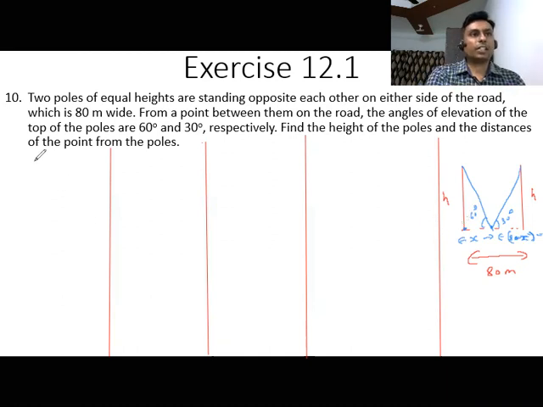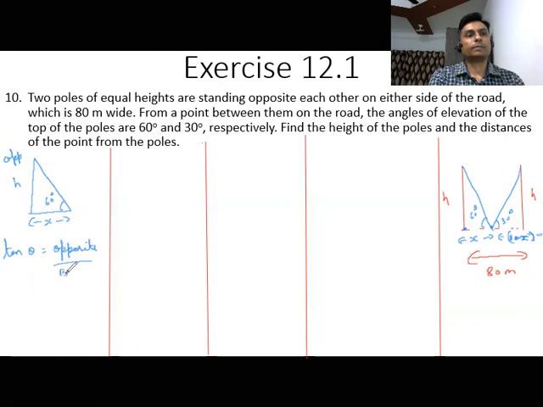So I will take the first triangle. Pole is there, angle is 60 degrees. This is h, this is 60 degrees, this distance is x. Again, opposite and base. Which trigonometric ratio? Tan theta. Tan theta is opposite by base.